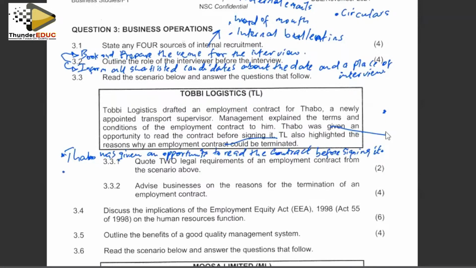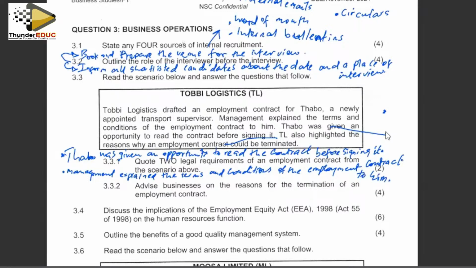And also, management explained the terms and conditions of the employment contract to him.